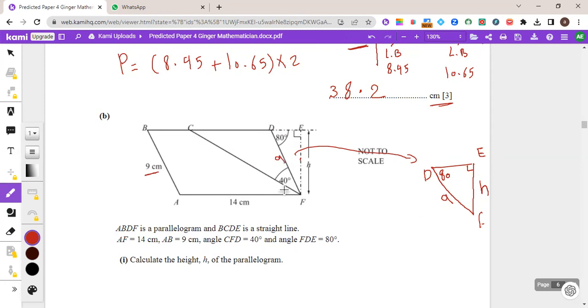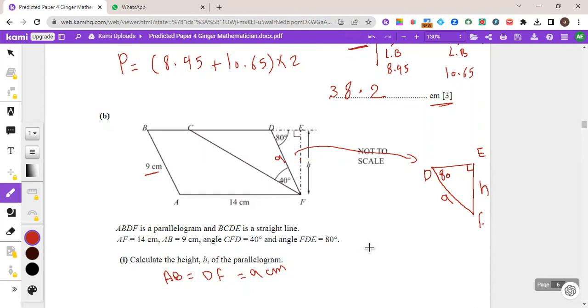So we're going to use SOHCAHTOA. AB equals DF equals 9 centimeters. Because it's a right angle triangle, I can use either Pythagoras or SOHCAHTOA. I will use sine.